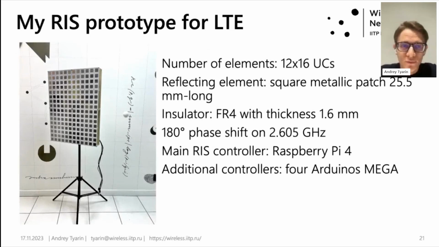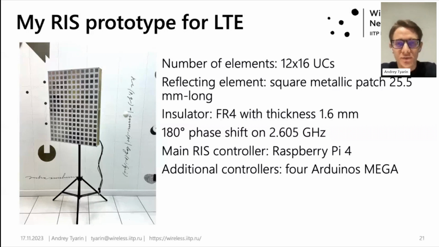And now I want to share with you my RIS prototype. The picture on the slides shows the design, made with my colleagues from Wireless Network, of an RIS prototype with 12 times 16 unit cells. The RIS has a three-layer structure.